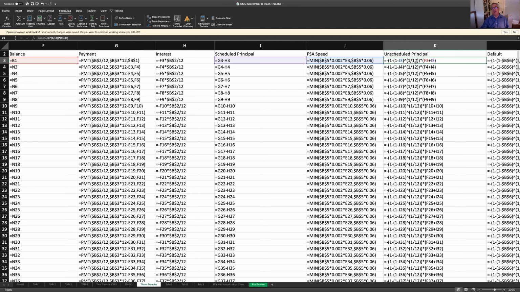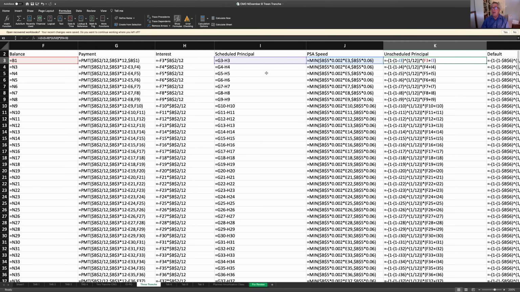And then 1 minus that is what is prepaid. And we're prepaying based on what? Well, we're prepaying based on what our balance was at the beginning of the period, less our scheduled principal. So it is how much do we have left over that we could prepay, and we apply a rate to it.